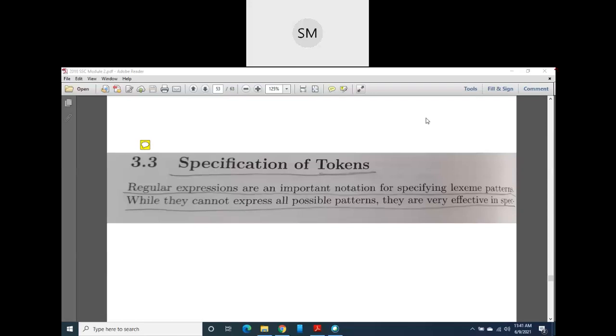Before the token there is a lexeme, and before the lexeme the patterns come into the picture. So what are these patterns? Patterns are nothing but sequences of symbols which match our lexemes, or lexemes will match our pattern.